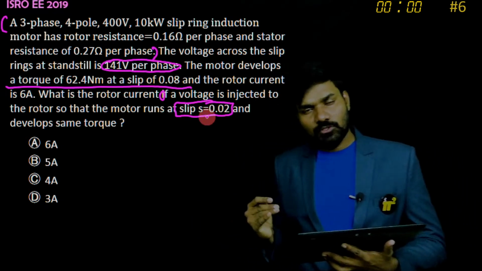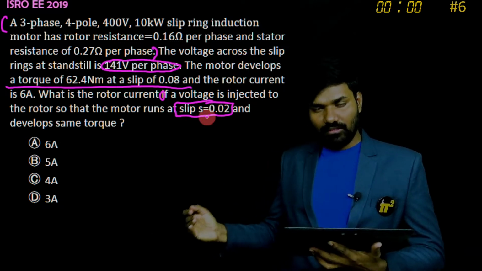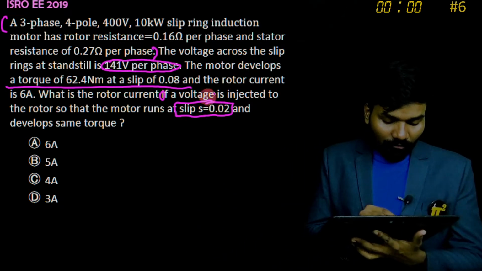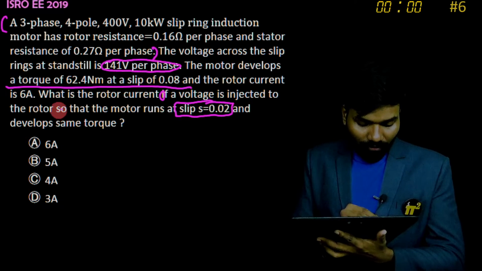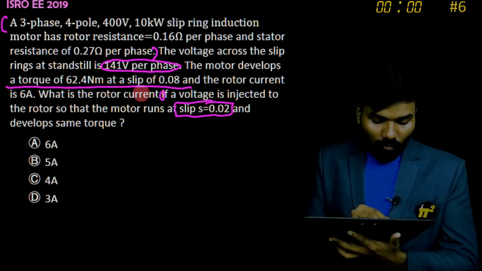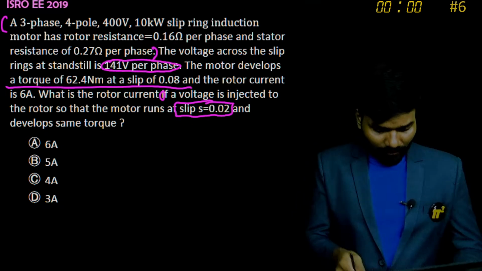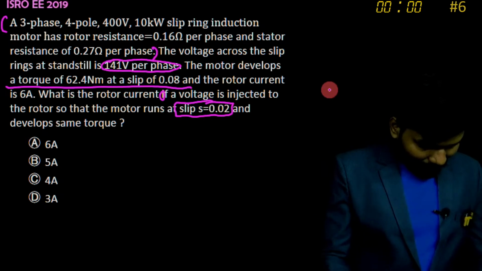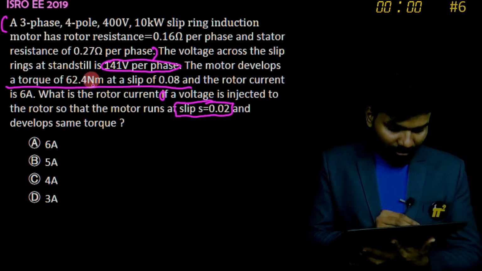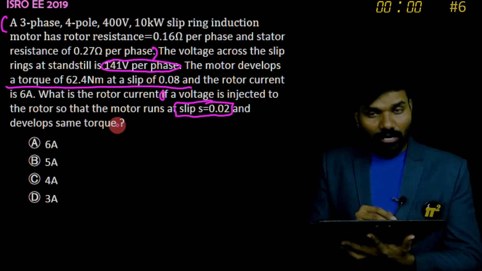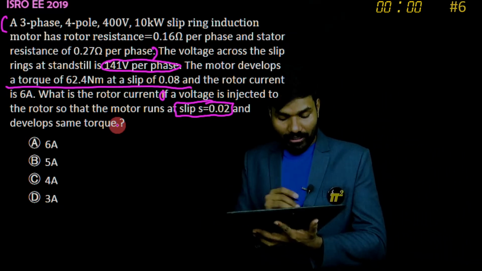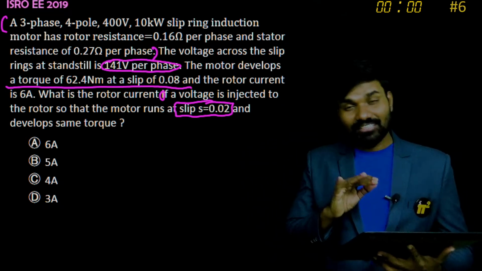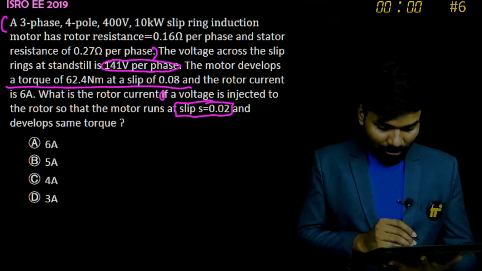Slip is reduced, which means speed has increased. Now with the rotor injection method, at this slip, what is the rotor current? It's a straightforward question, because the motor develops this torque, and with the rotor injection method it has the same torque.